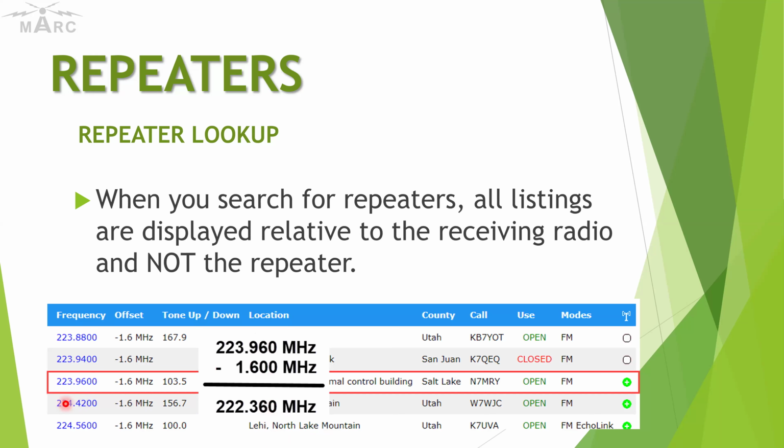So there's the receive frequency, 223.96. The transmit frequency is 222.36, and the tone is 103.5. So we have successfully cracked the key of programming our radio for this particular repeater, and we're going to talk about each of these in more detail.